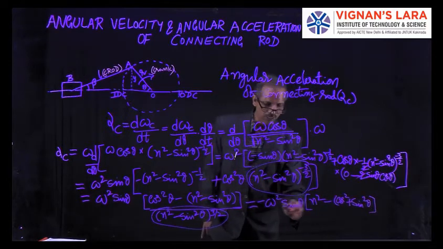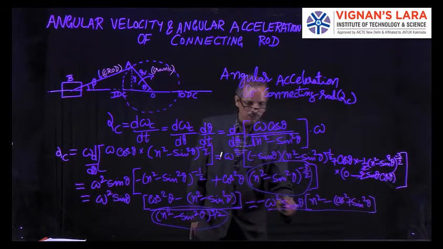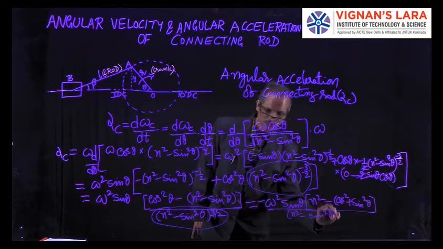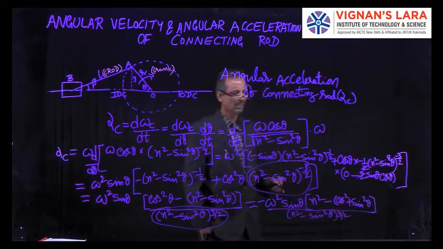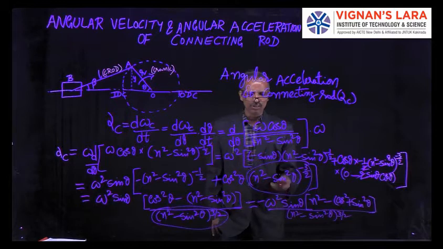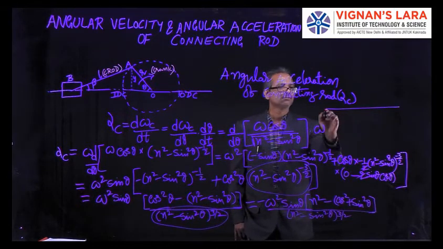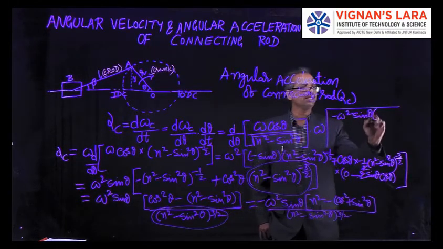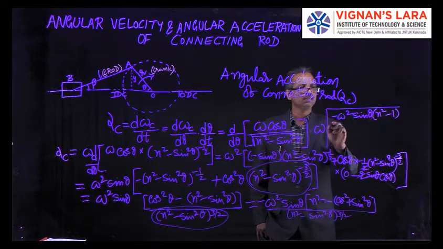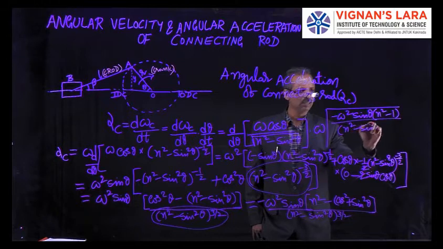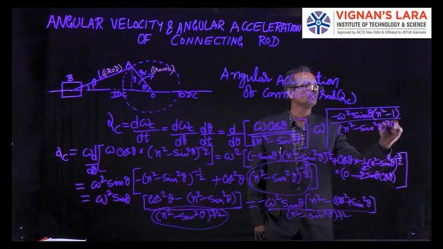So if I simplify once again, what is this value? This value is simply minus omega square sin theta, n square minus 1, by n square minus sin square theta to the power of 3 by 2.